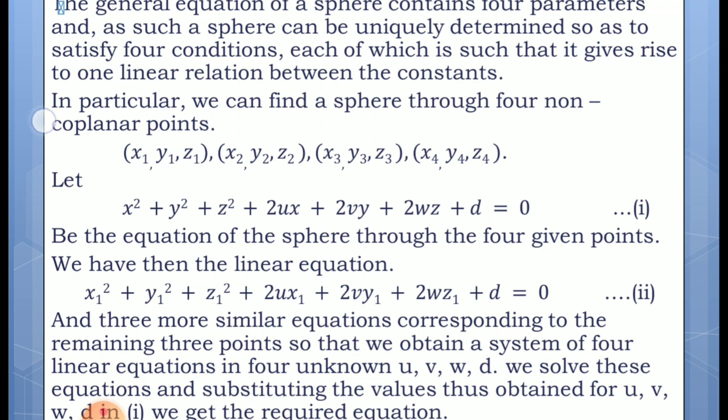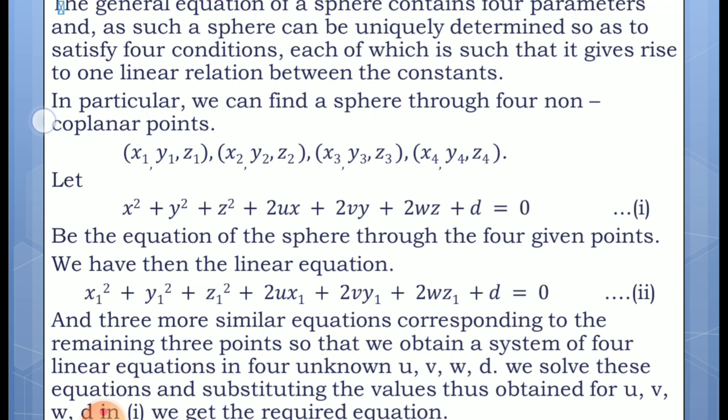This is the third equation, and in a similar manner we can obtain 2 more equations for the points (x3, y3, z3) and (x4, y4, z4). Now we obtain a system of 4 linear equations in 4 unknowns u, v, w and d.